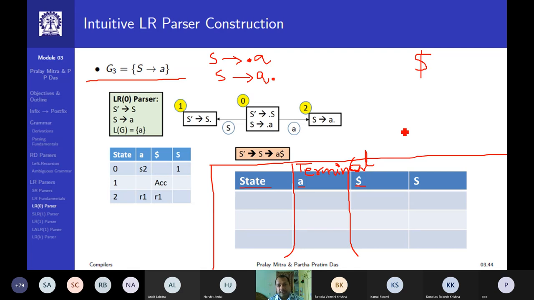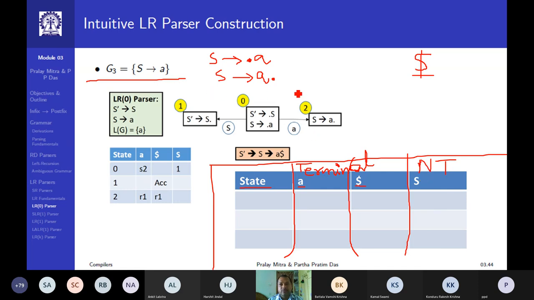You can think that you can swap between the columns, that is fine, but generally this is the standard. After the terminals, one special column will come, the dollar symbol indicating the end of the string. Next we will start the non-terminal symbols.